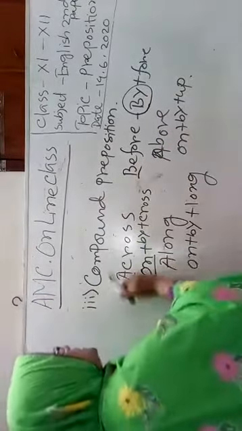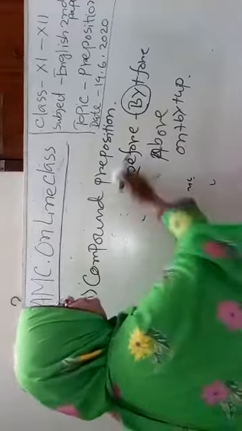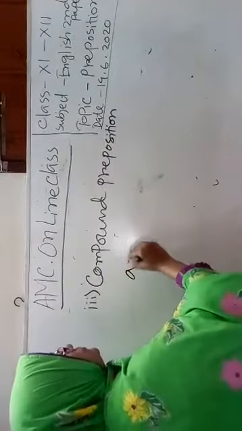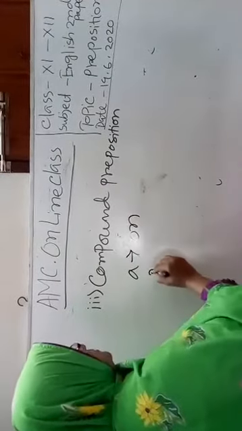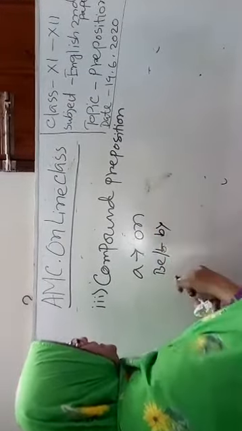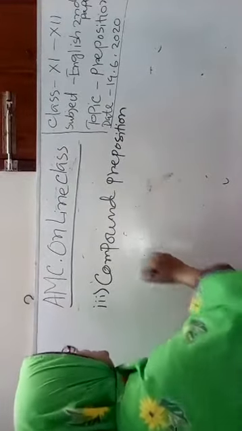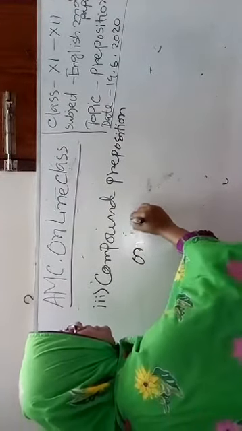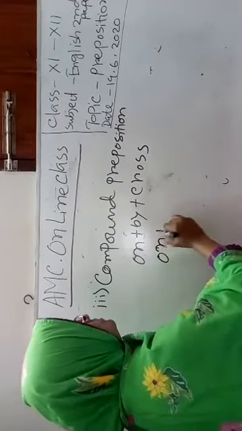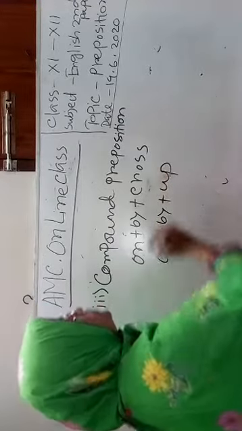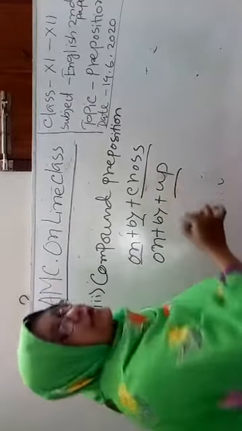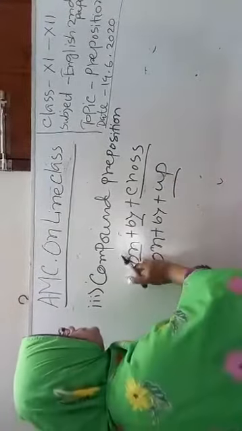That means A for on, or B for by. So we see on plus cross, and we see these prepositions are placed before an adverb, adjective or noun.